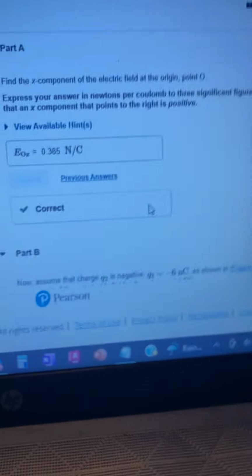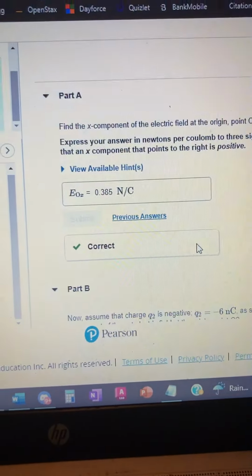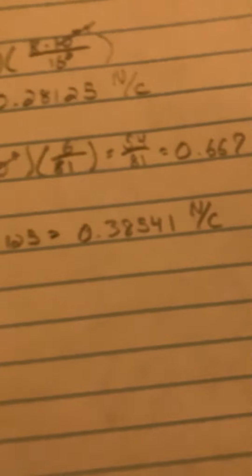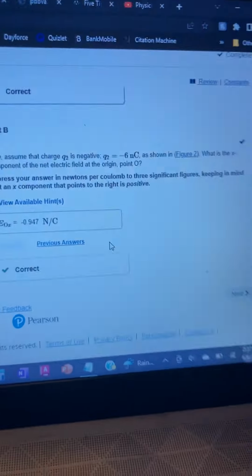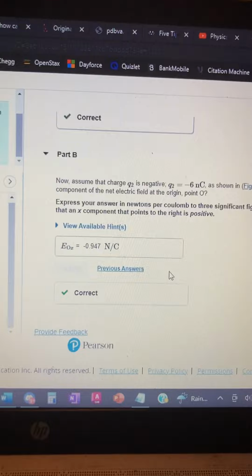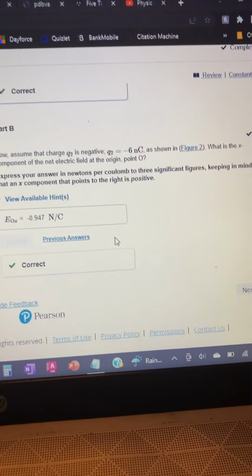And as you can see, that is the correct answer, 0.385.